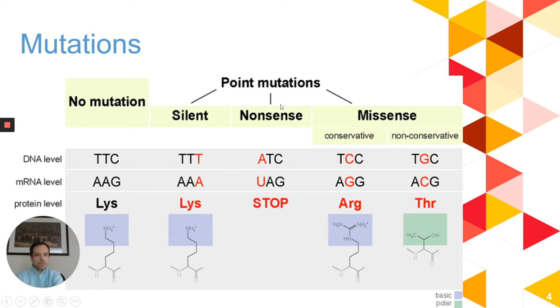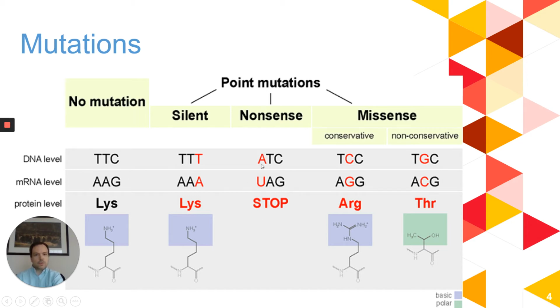On the other hand, however, we could have what's called a nonsense mutation. In a nonsense mutation, what happens is the codon that's coded for ends up instead coding for a stop codon. If you remember back to the codon chart, remember we had one start codon and then 3 stop codons.